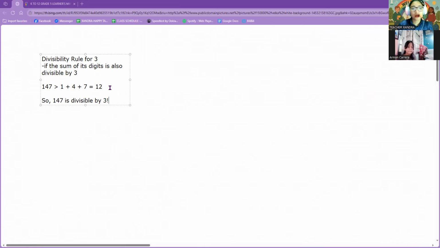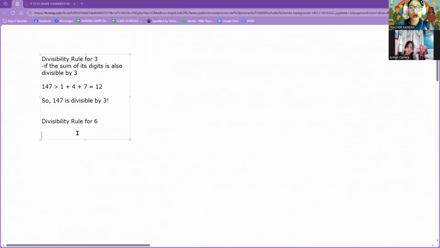So next one, divisibility rule for 6. A number is divisible by 6 if it is divisible by both 2 and 3.